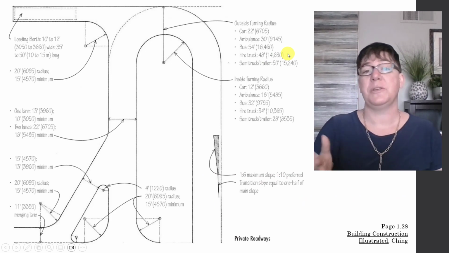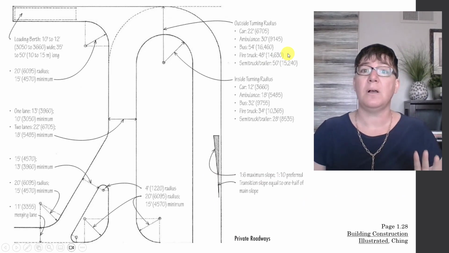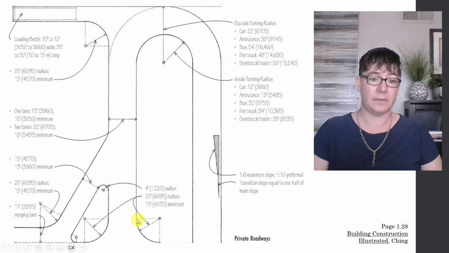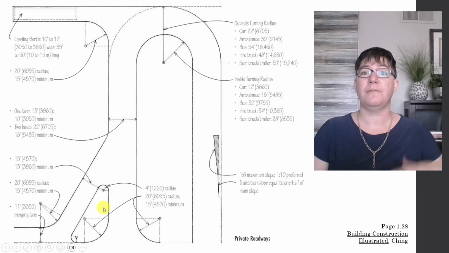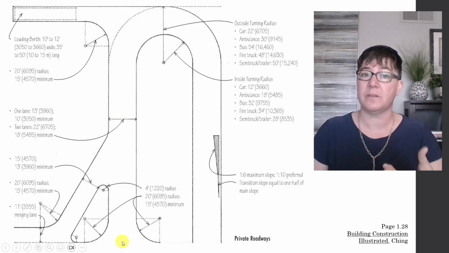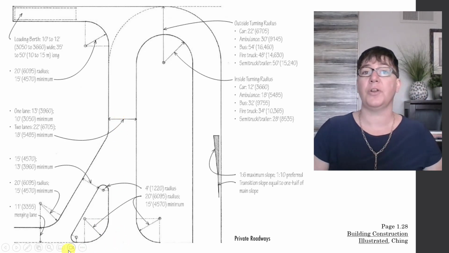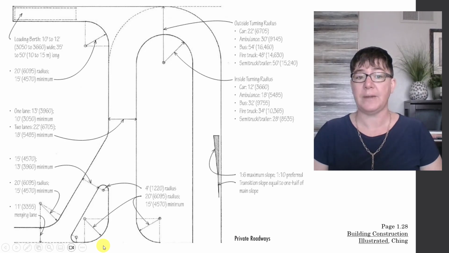This diagram, which is also located in your module, is also a really good resource for these smaller diameters, all right, which are appropriate for when someone perhaps comes to a stop and does a slow turn out from a driveway onto a street.